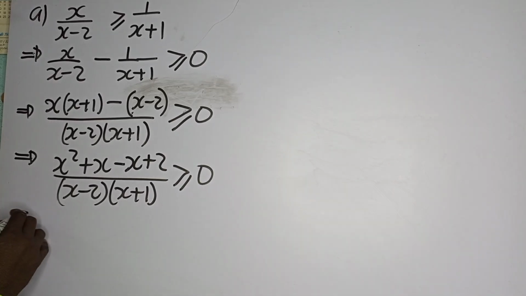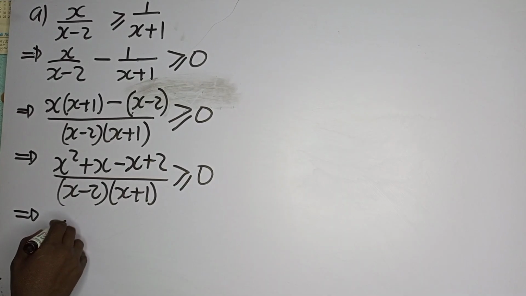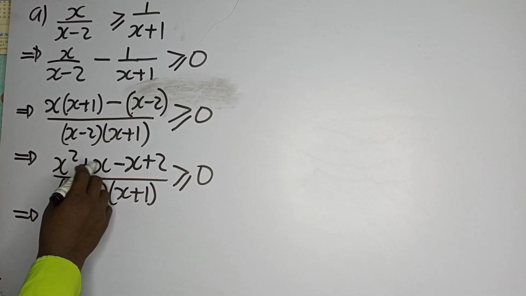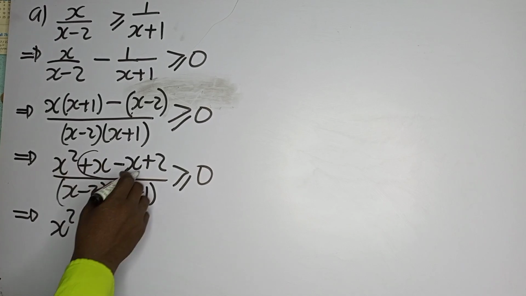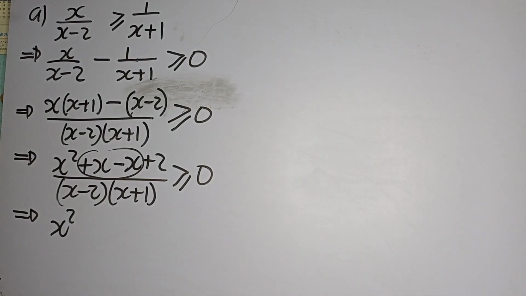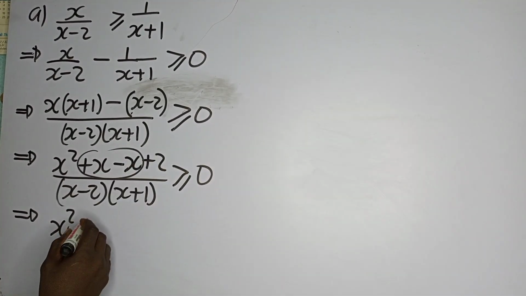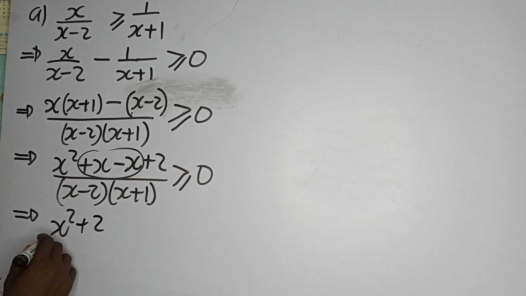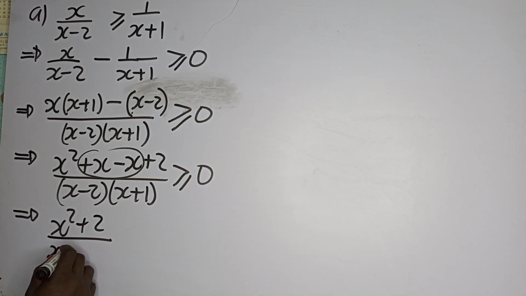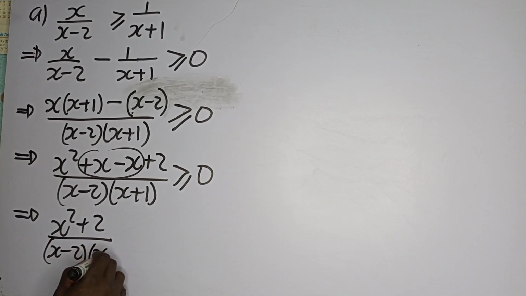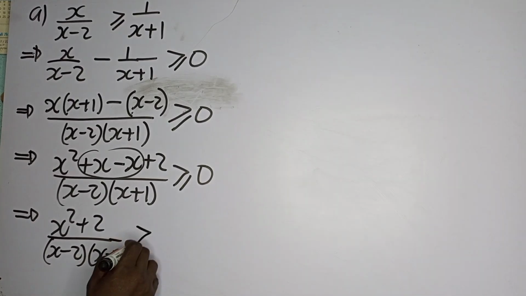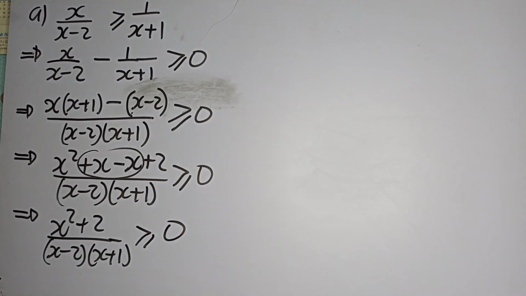This gives us x squared. x minus x, this quantity is 0. So we're left with plus 2. So I have x squared plus 2 all over x minus 2 into x plus 1 greater than or equal to 0. This is what we have.